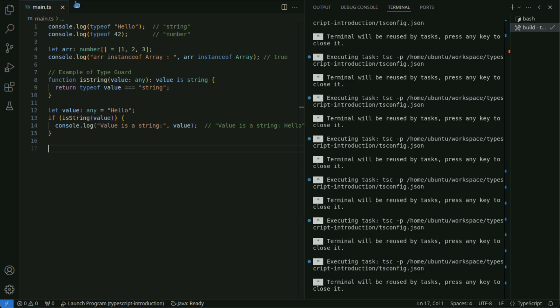The typeof operator returns the type of a variable. The instanceof operator checks if an object belongs to a specific class. The is operator is used to check if a value is of a specific type. It is part of TypeScript's type guards.